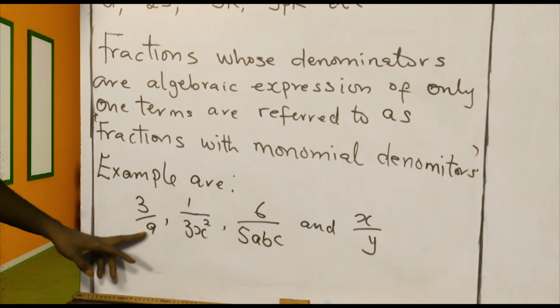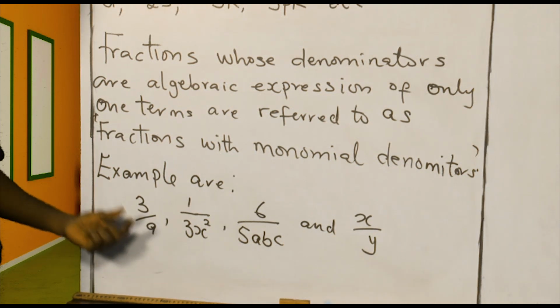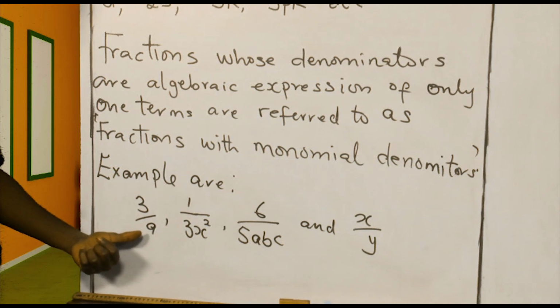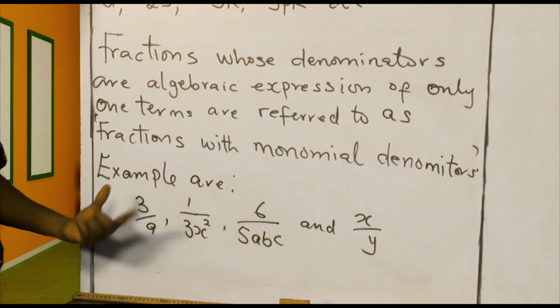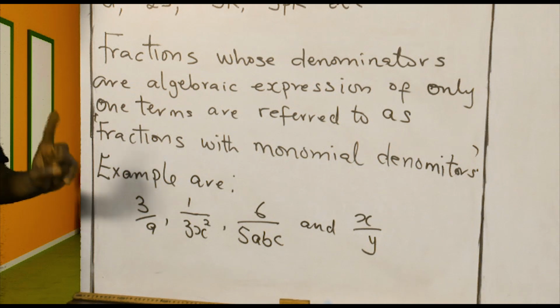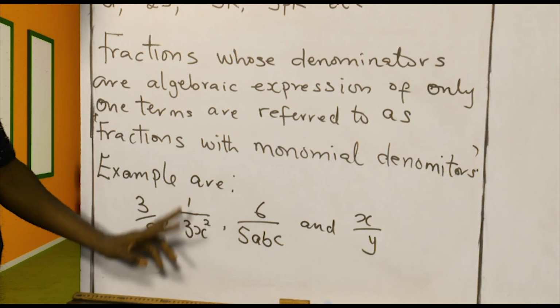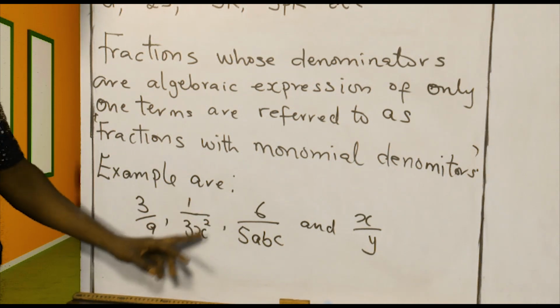The denominator is an algebraic expression and also a monomial with a single algebraic term. 1 over 3s squared.